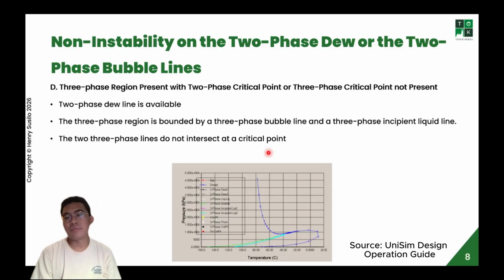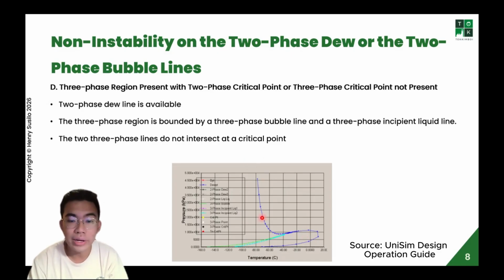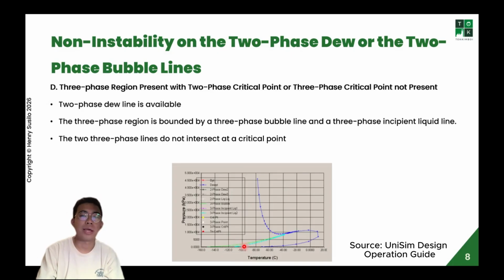The last one is a three-phase region present with no two-phase critical point or three-phase critical point. You could see at the right side is the dew line without any bubble line. And on the left side, with the green and the light blue colors, are the three-phase bubble line and also the three-phase incipient liquid line. And the two three-phase lines do not intersect at a critical point.